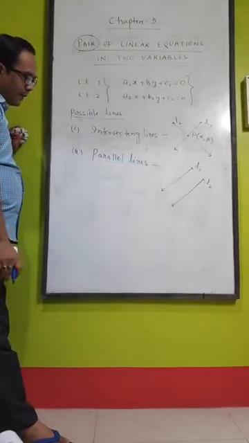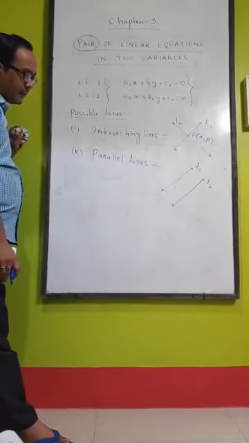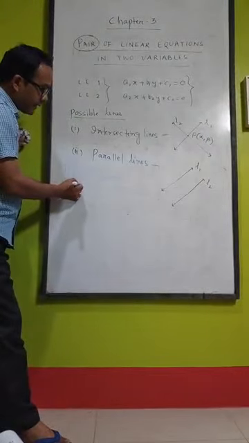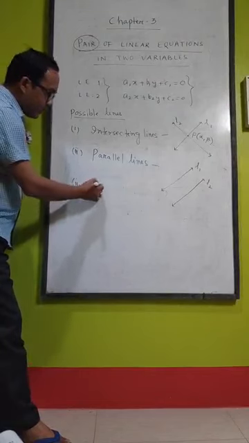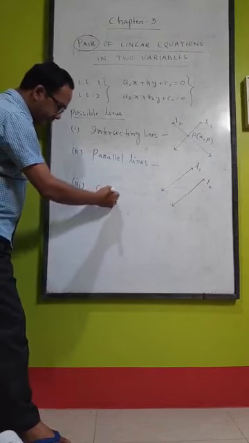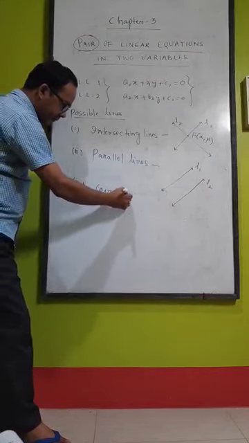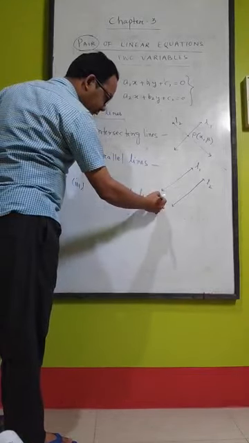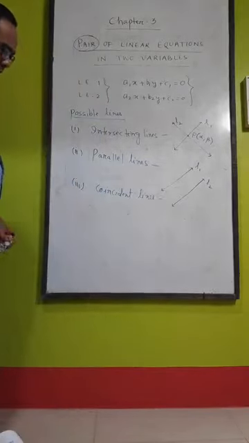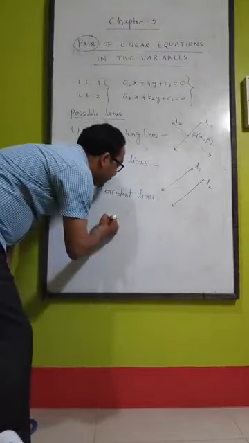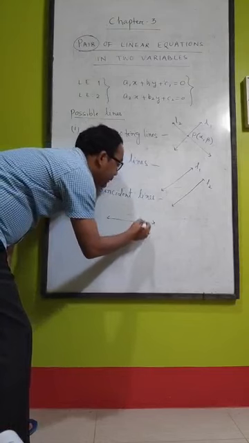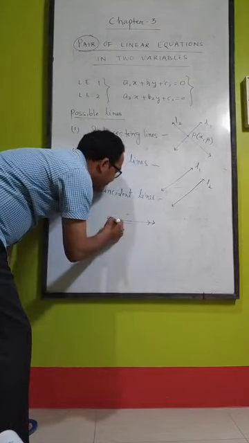Still, can we have any other pair of lines? Yes, we can have still another. What is that? Coincident lines. How will you draw this? Coincident lines means that both the equations will represent a single line.